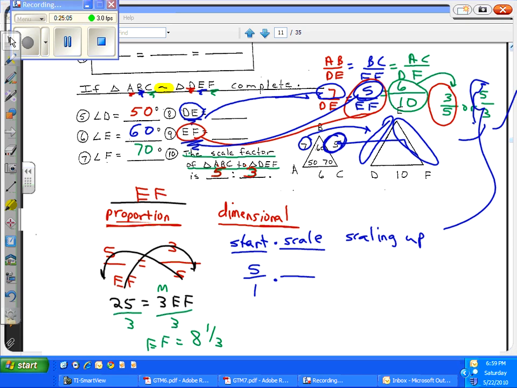So we're going to use the big version of the scale 5/3, and we get that 25/3 again, which is 8 1/3. Okay? So again, we're going to continue to show you the using a proportion method and the dimensional analysis method. We want you to be familiar with both and understand the concept of the scale factor.